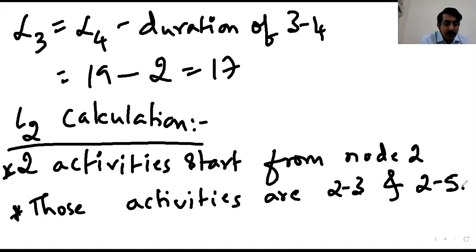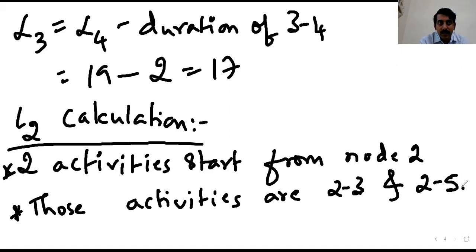So how many equations do we require? Two equations. Two equations we require, and that means we will get two different answers. And in this case, we are supposed to consider the one which is minimum.